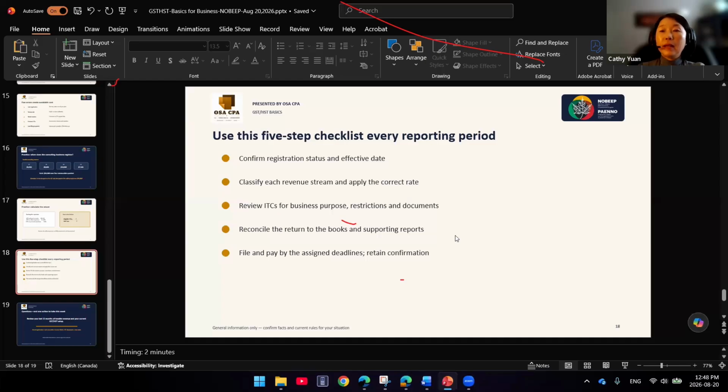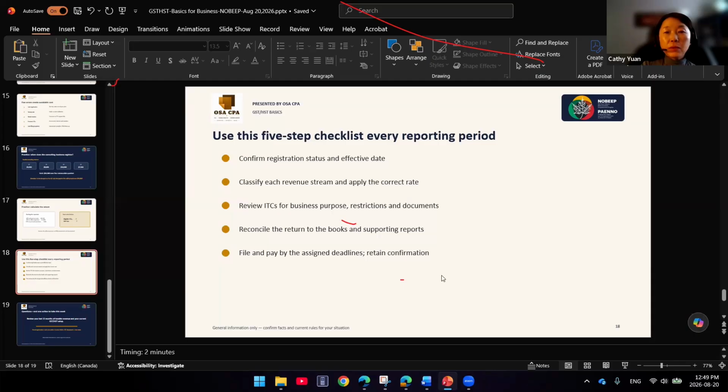We don't need to spend lots of time remembering that Ontario is 13, and maybe Quebec is a different one. That is accounting software setup. It's also very important for business owners. At the beginning, we have to spend lots of time, but in the future, we just enjoy issuing invoices.